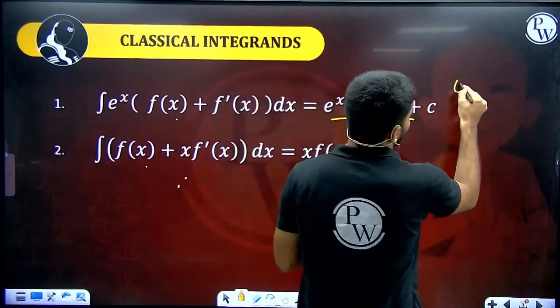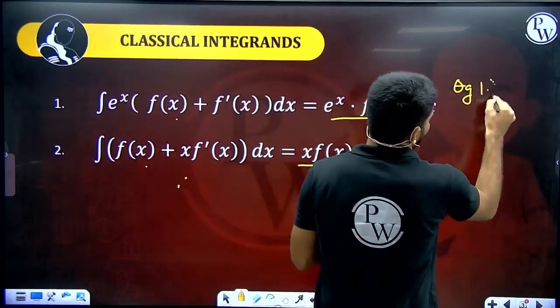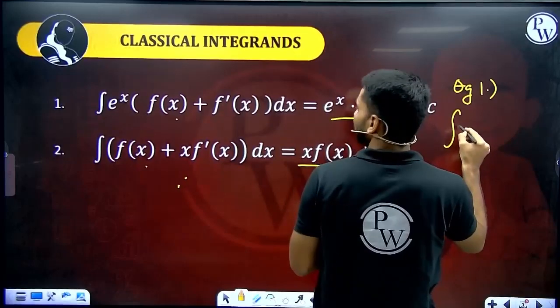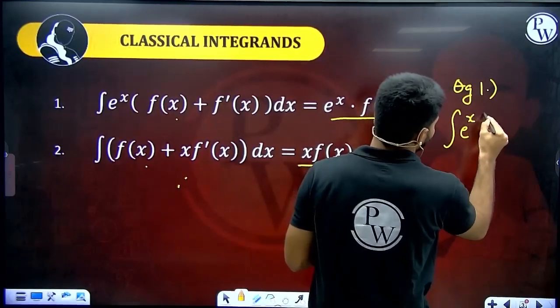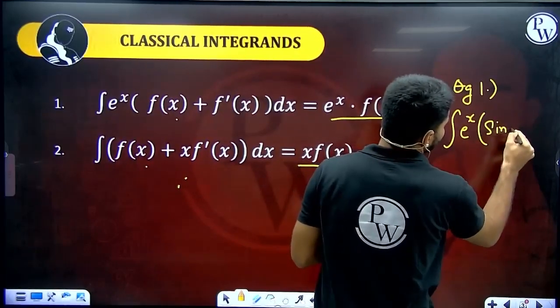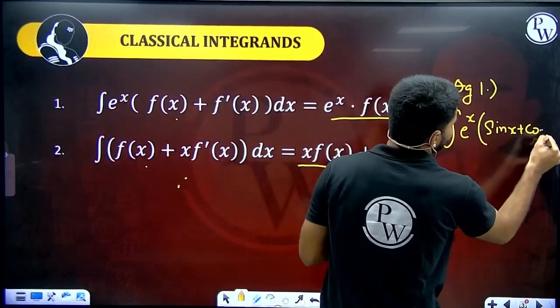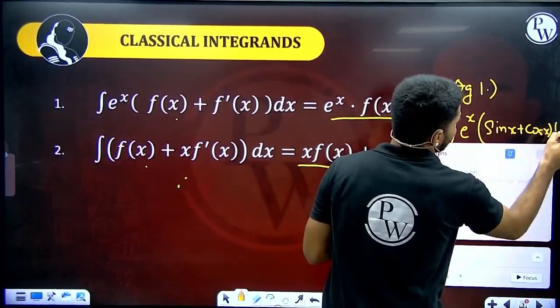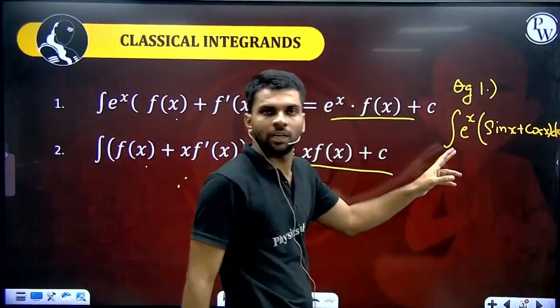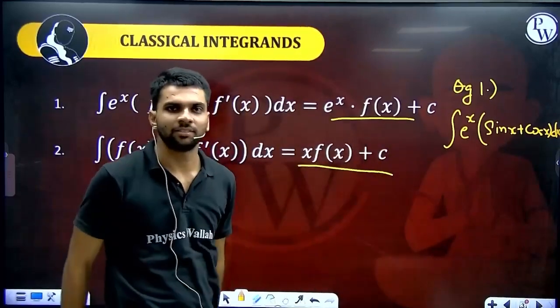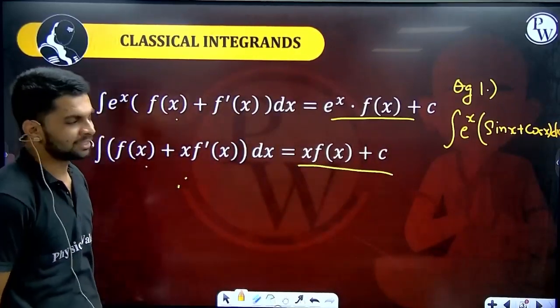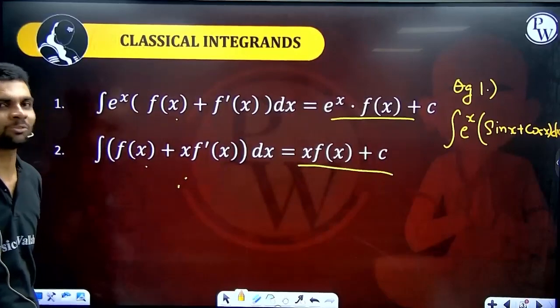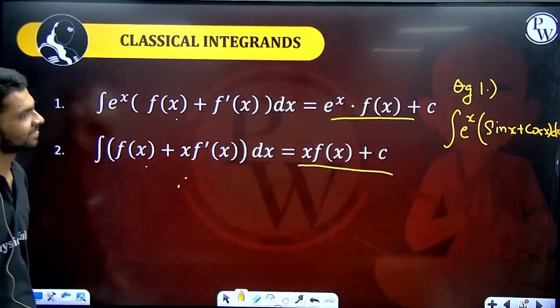Okay, so I am taking one example for you. Like you have to solve the integration of e to the power x into sin x plus cos x dx. Okay, I am saying integrate this. Will it be easy for you? Of course it will be easy for you if you know the pattern.